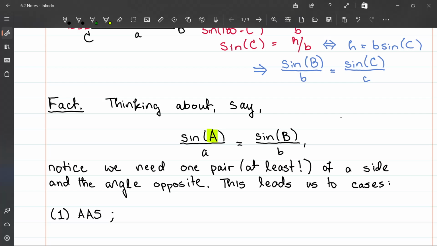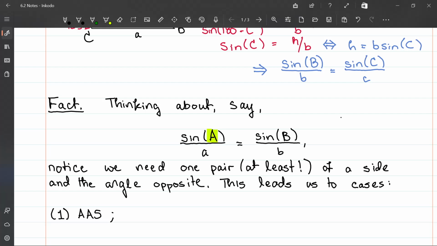Number one, AAS data, or in other words, angle, angle, side data. So what this means is that when we draw our triangle out, it turns out that we have two angles and a side. The two angles then are next to one another, and the side is adjacent to one of those two angles.